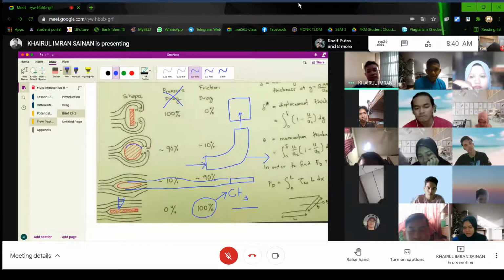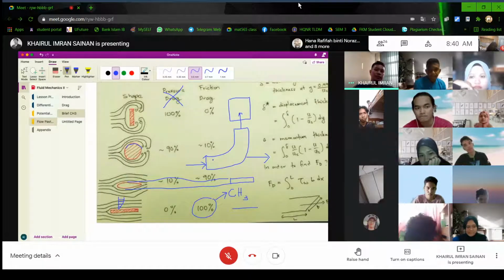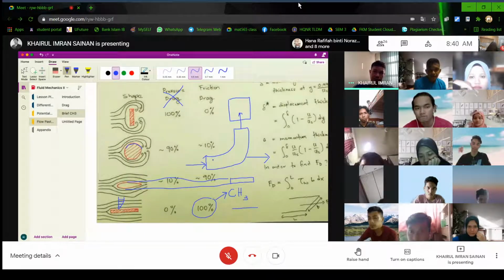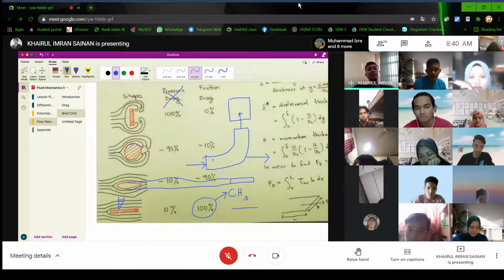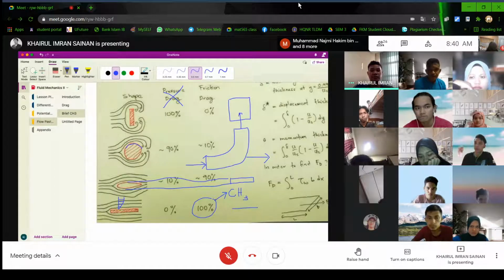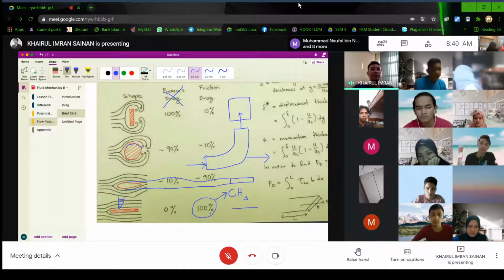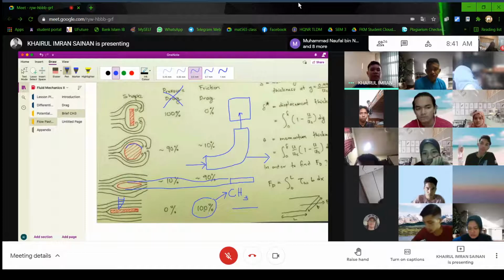Or pressure drag. So refer back to it. So now what I'm saying here is chapter 3 is friction. So pretty clear to you all. But we cannot run away from aerodynamics, right? Because it's part of aerodynamics.